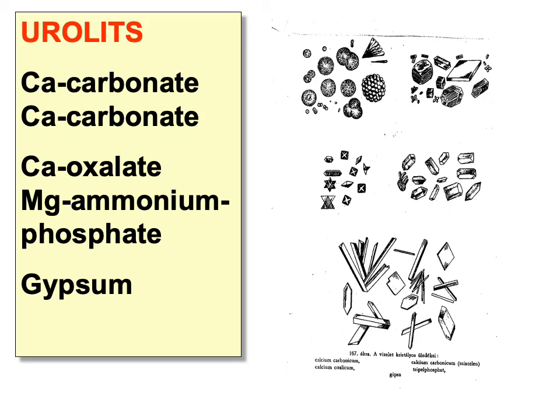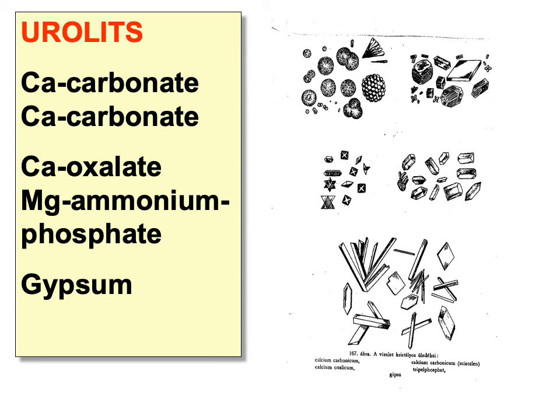In this slide, you can see the most frequently found uroliths: magnesium ammonium phosphate, or struvite crystals, and the calcium oxalate in the middle row. These two are the most important. But you can also see gypsum.